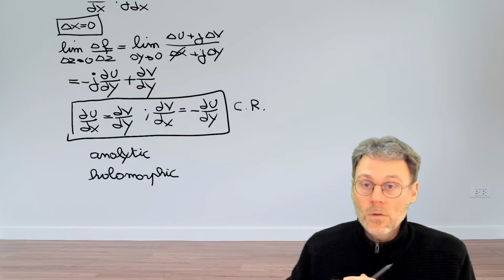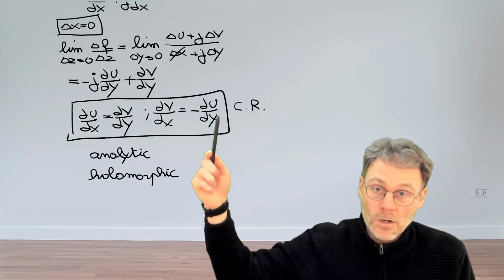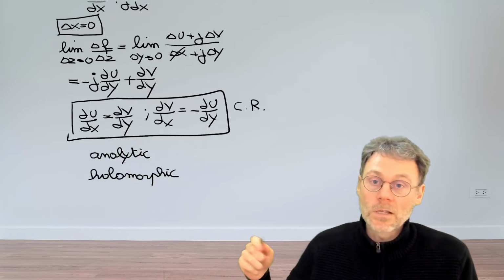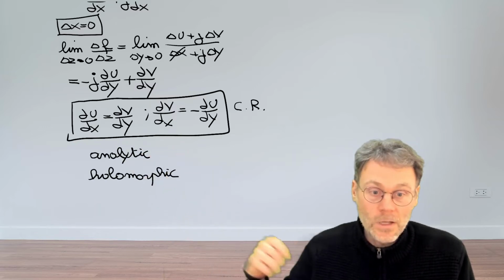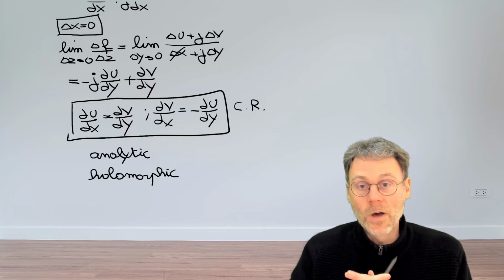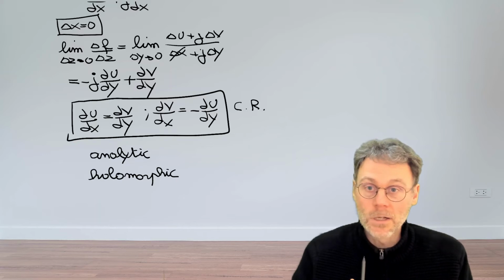Obviously, implicitly, what we also need here is that these derivatives are well defined. So this means that we're dealing with nice functions which are continuous, which do not have any singularities or ill-defined points. So this is also another condition that needs to be fulfilled, but that's implicit in what we've been doing here.